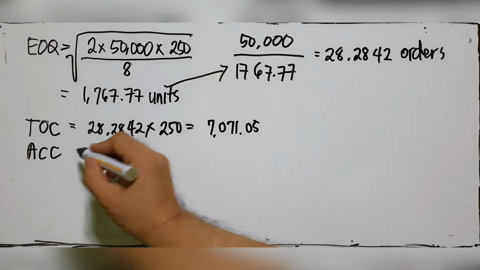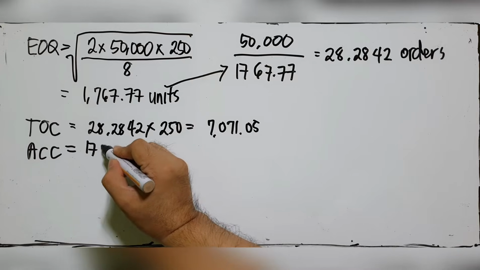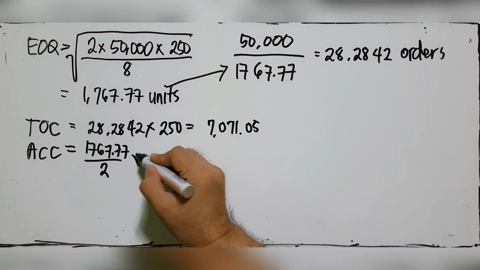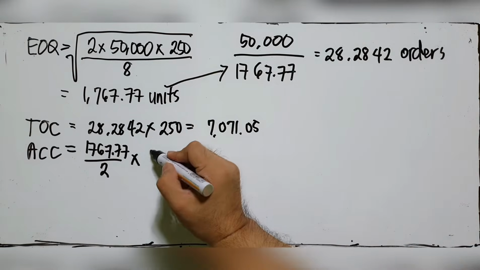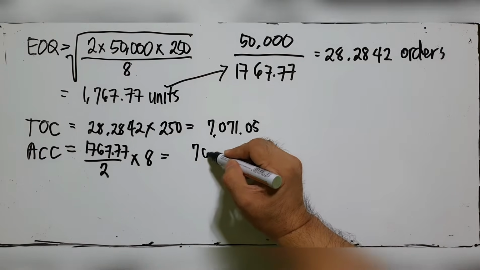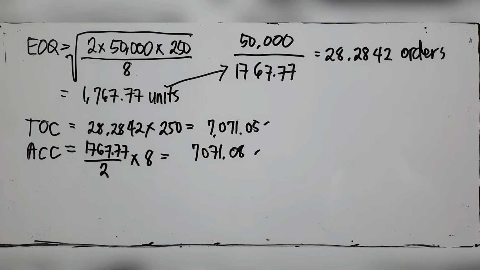Okay? And then, your annual carrying cost would be your average inventory na 1767.77 divided by 2. Multiply natin ang carrying cost per unit na 8. So, that would be 7,071.08. So, may konting difference lang due to rounding off.